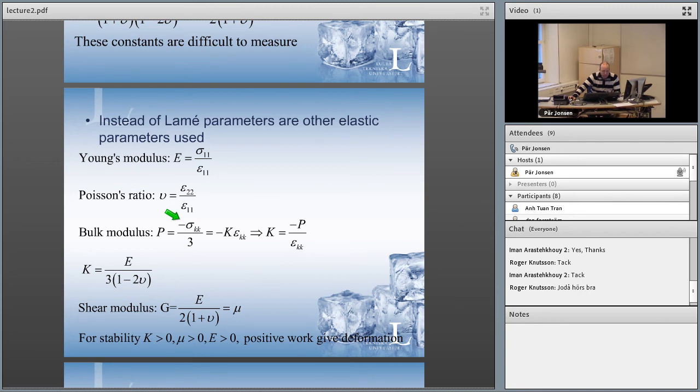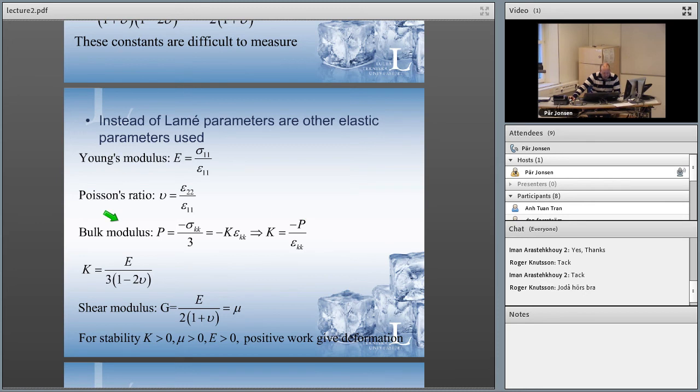You look at the volumetric change for a load. So this is the pressure, and this is the trace of the stress tensor. This can be written as K, which is the bulk modulus, and the trace of the strain tensor. And in the end it gives you this relation, that the bulk modulus is the same as minus the pressure divided by the trace of your strain tensor.